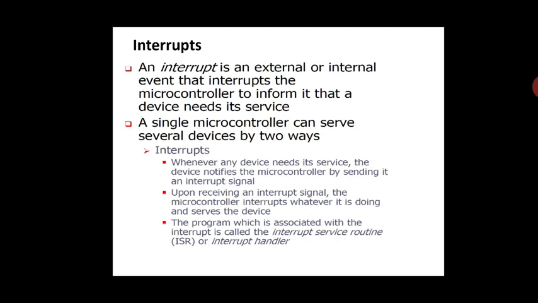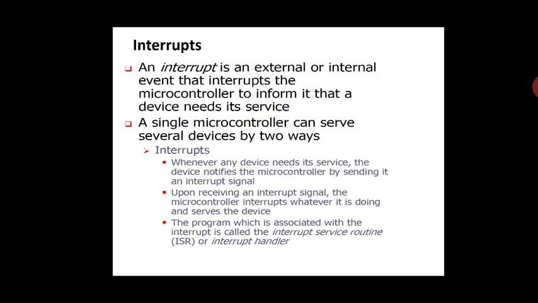So in a single microcontroller, we can serve several devices in two ways. This is one device, and this is how it will raise the interrupt. There are several devices, and they will send signals. Whenever the signal is received at the 8051, it will start giving service to the interrupted device.